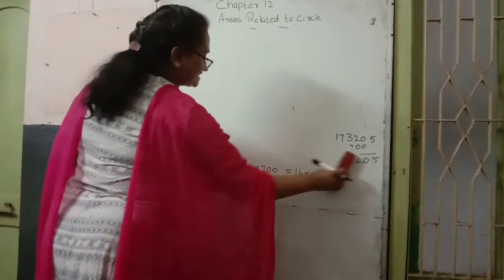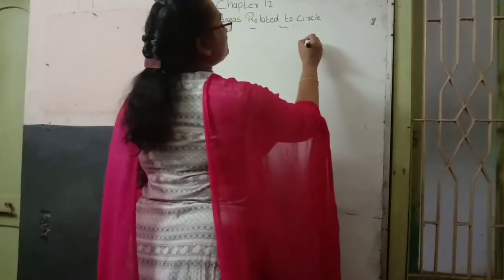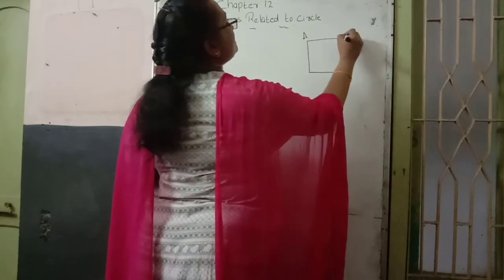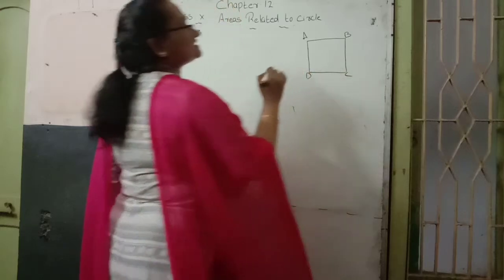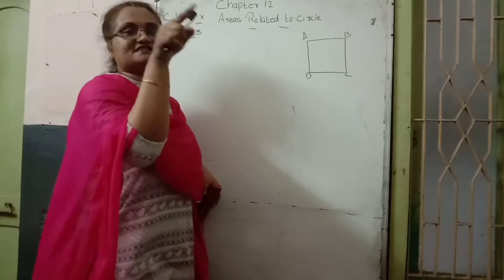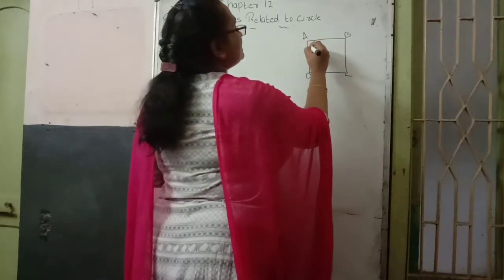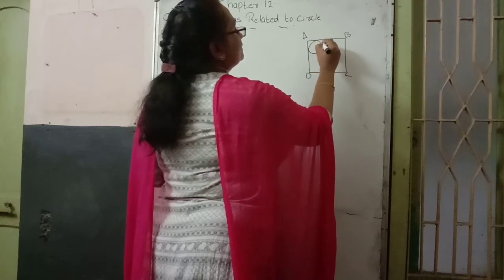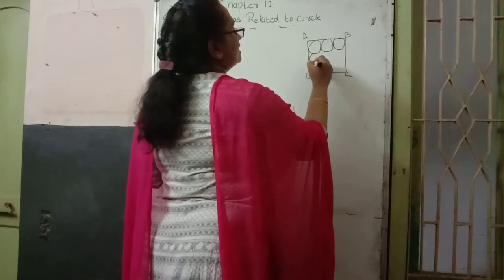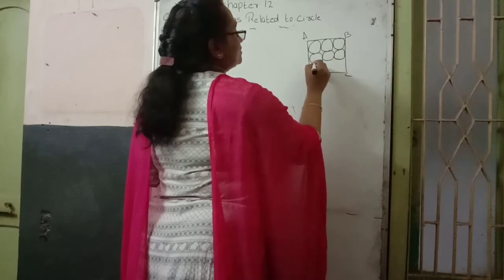Here, next question, they tell us about one kerchief. The kerchief is in the shape of a square. ABCD is the name of that square, and there are circular parts. Circular designs are there. 9 circular designs are there: 1, 2, 3, here also 1, 2, 3, here also one more.